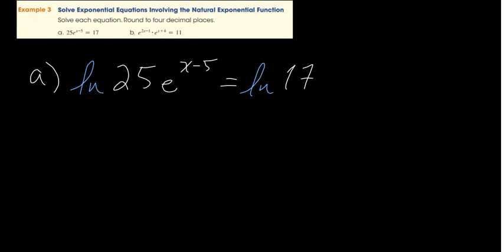Okay, and then of course doing our power rule here. On second thought, probably should have done something else first. So let's actually do one thing first here, and that would be to divide both sides by 25. The reason why is because we could have continued on the same path that we just were on.